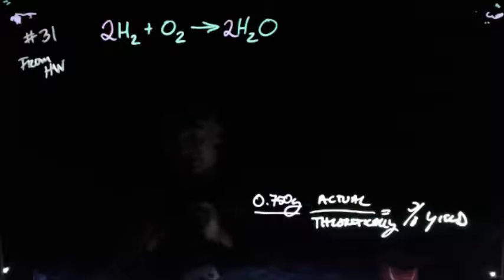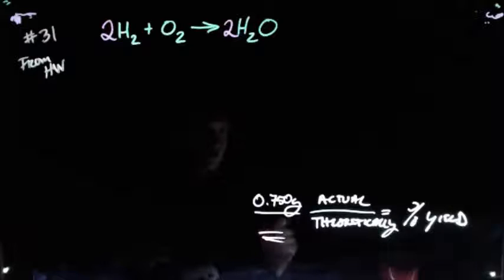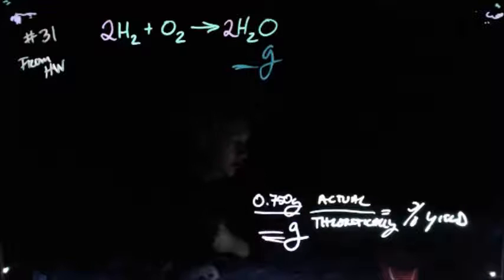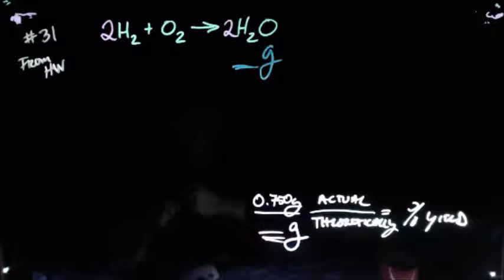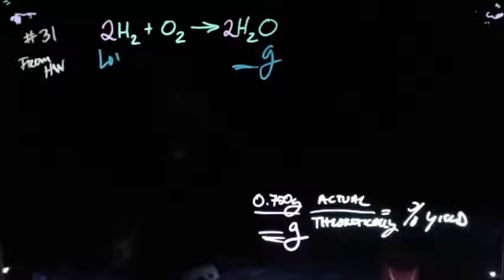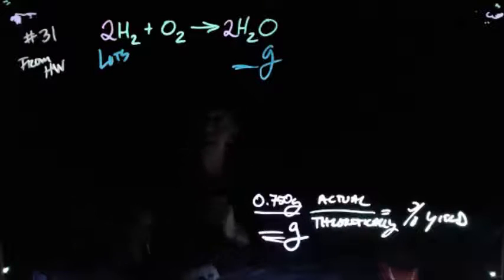And we need to find the theoretical yield, which we're going to do with stoichiometry. So I need to find some unknown grams of H2O. I know that there's a ton of H2, so I'm not concerned with that.